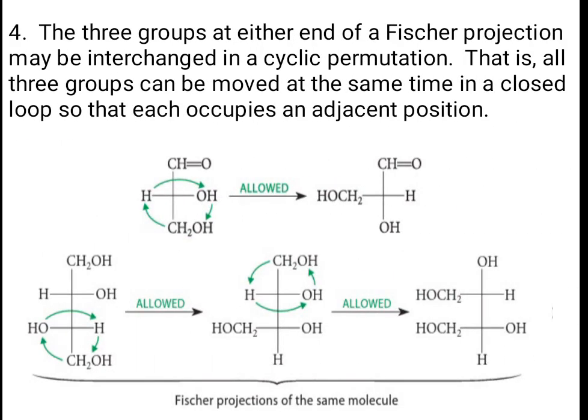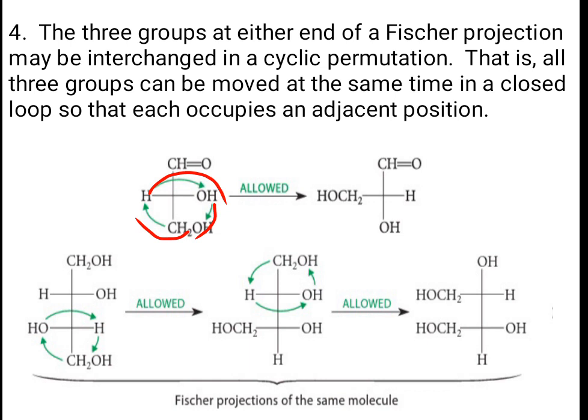The three groups at either end of a Fischer projection may be interchanged in a cyclic permutation. That is, all three groups can be moved at the same time in a closed loop so that each occupies an adjacent position. Yes, this is a very important thing in the case of Fischer projection, that you can interchange the positions in a cyclic manner. That means you can take this H here, this OH here, and this CH2OH here.